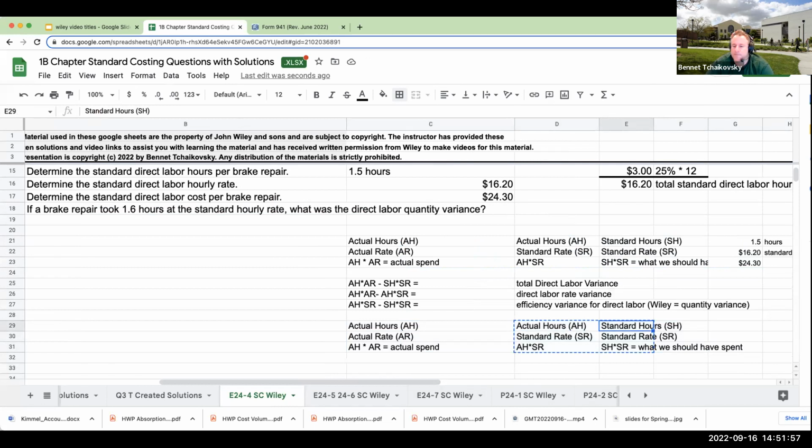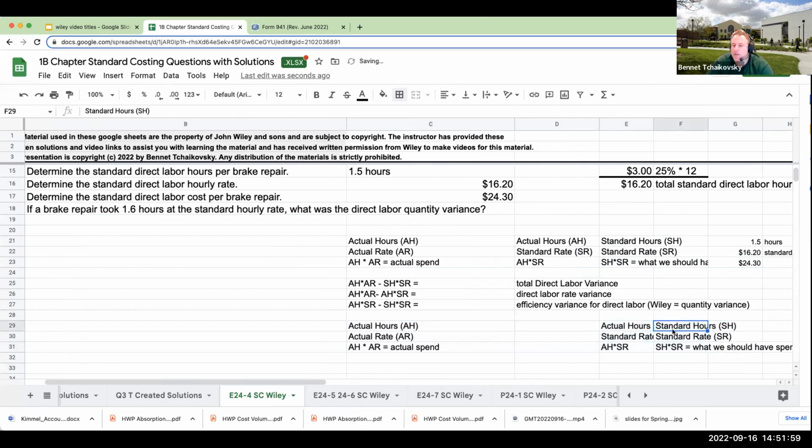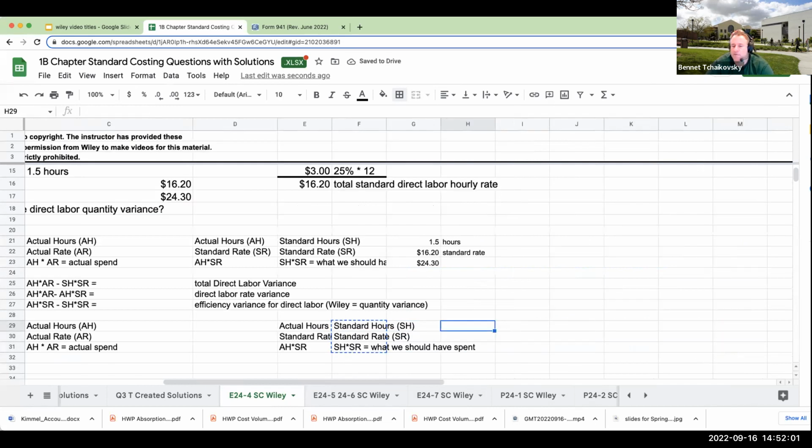So if I come over here, my standard hours are 1.5 hours, my standard rate is $16.20. If I take 1.5 times 16.2, it should be costing me $24.30.